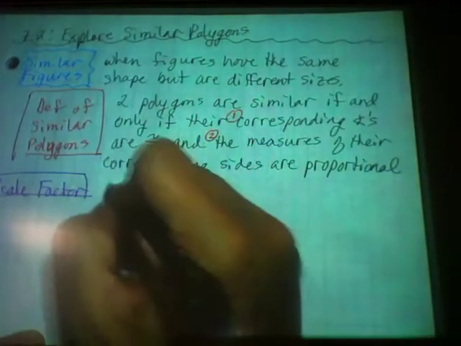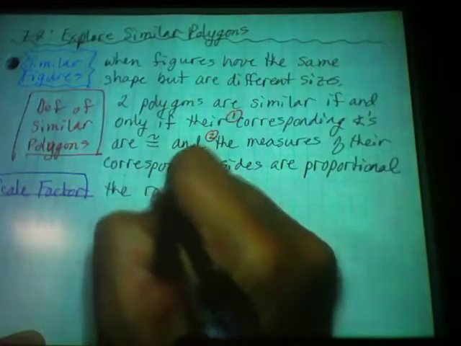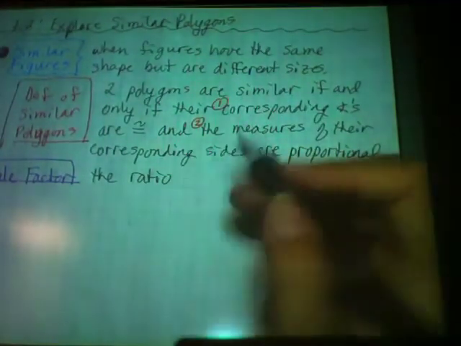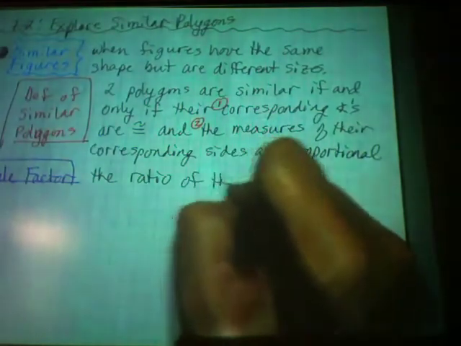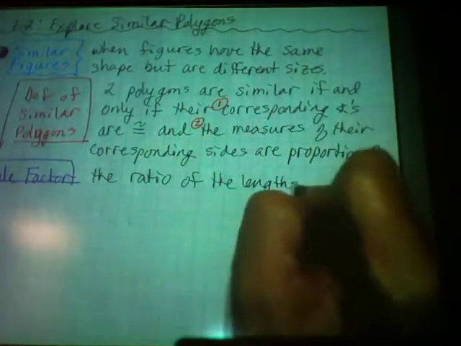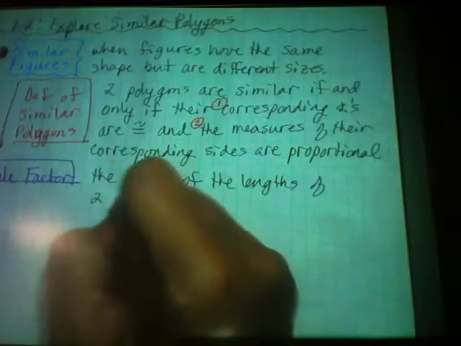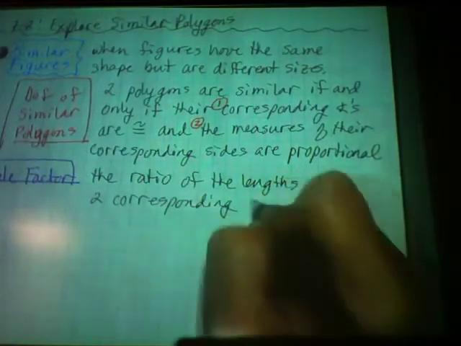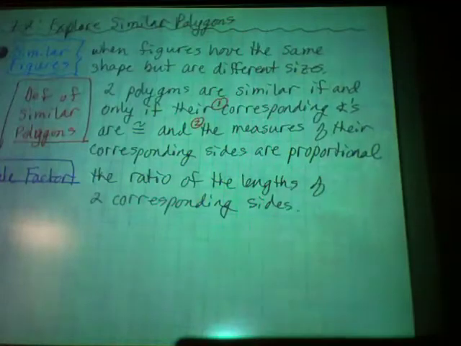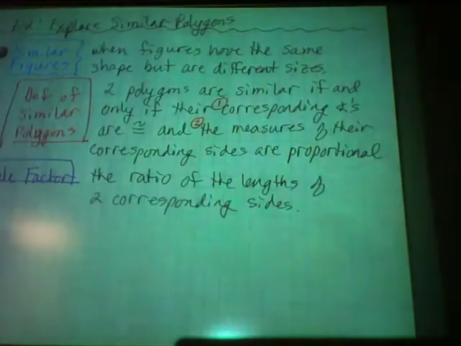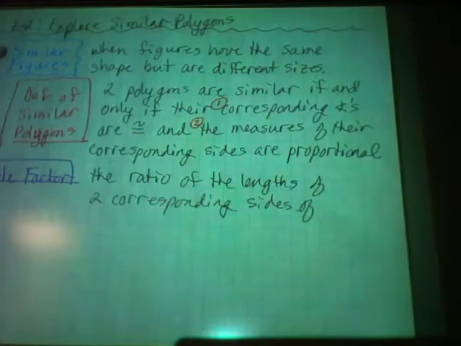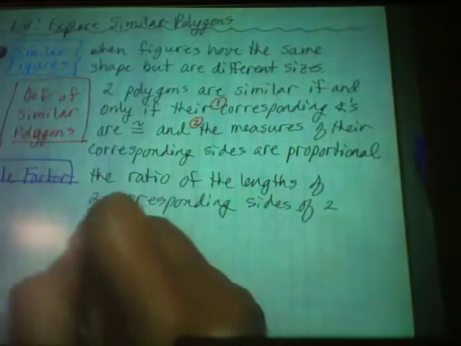So a scale factor would be the ratio of the lengths of two corresponding sides of two similar polygons.